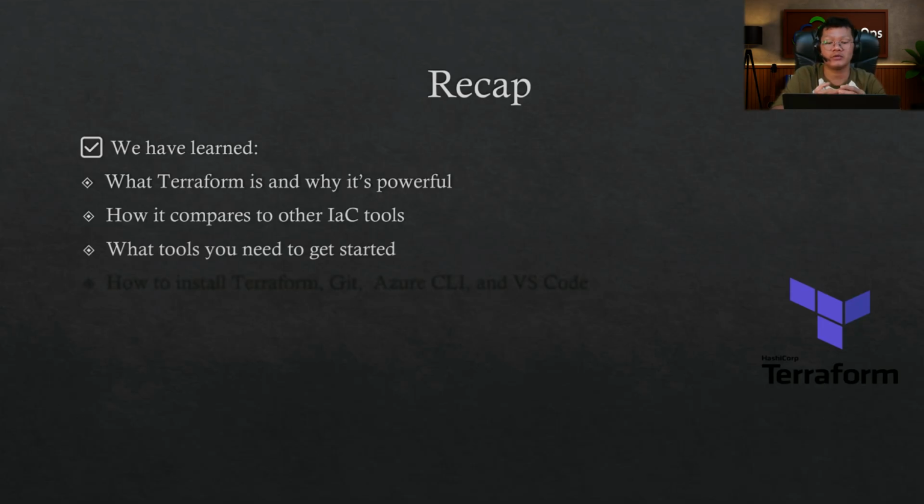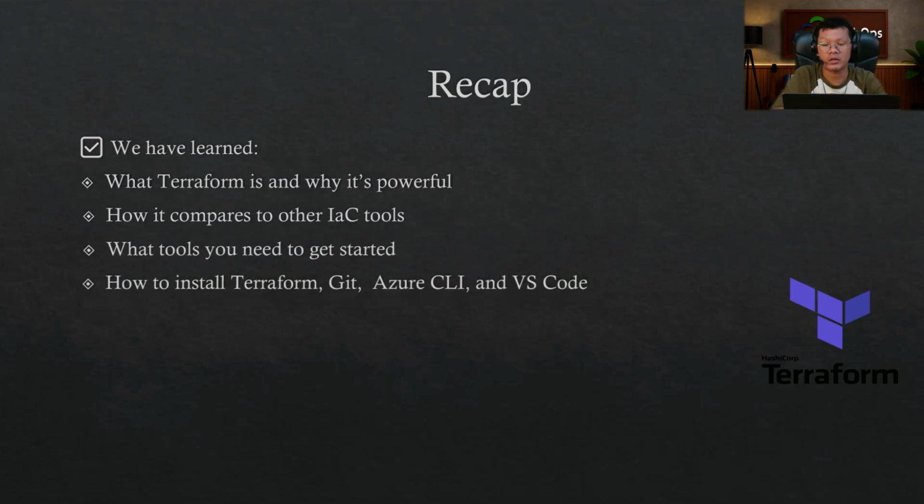We have installed Git, Terraform, Azure CLI, and VS Code. And the last one is how to install Terraform, Git, Azure CLI and VS Code. We have all done this.